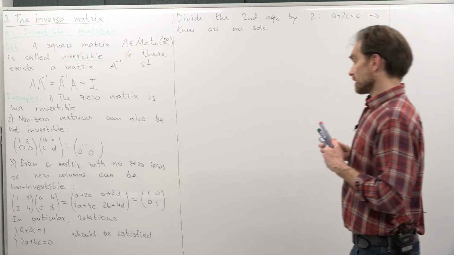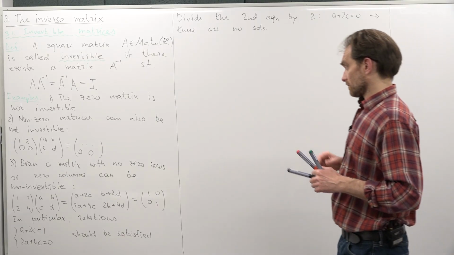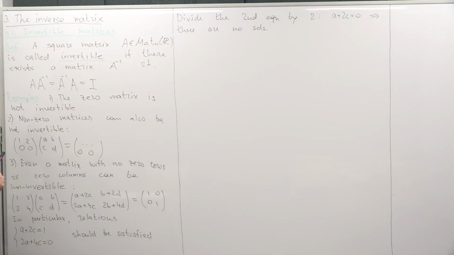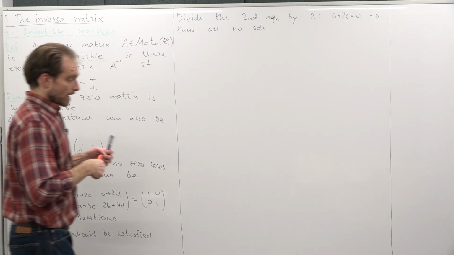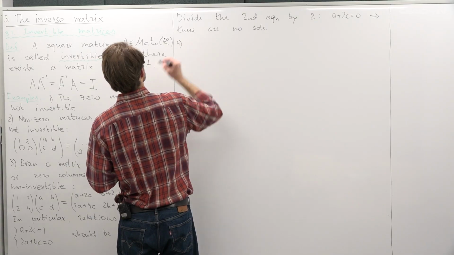Okay, so this example shows that even a matrix with no zero rows or no zero columns can be non-invertible.